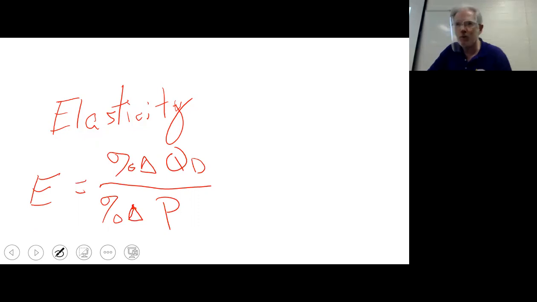That's the equation we're going to be using to do elasticity calculations. You will need to know how to do the calculation, but more importantly, you'll need to be able to interpret what the result means. And elasticity is a very useful concept.